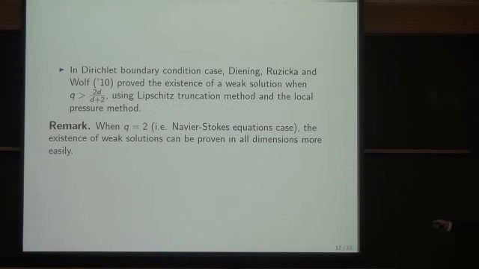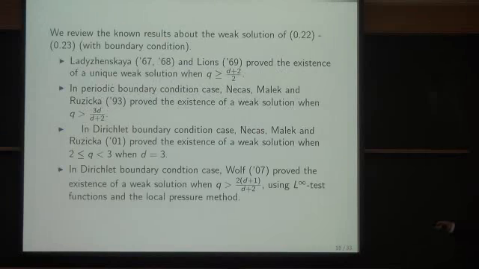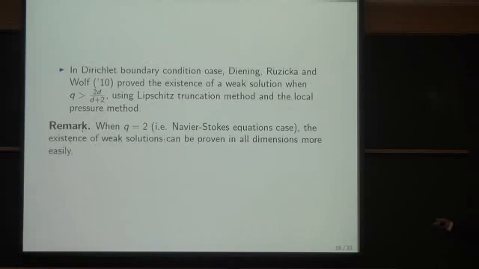Previously one truncated the solution to an L infinity function, but of course a Lipschitz function is better than an L infinity function, and using this truncation one can get a better result.